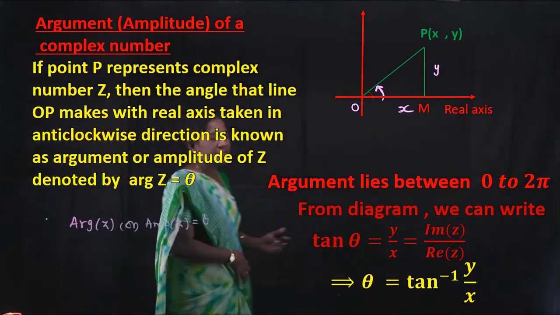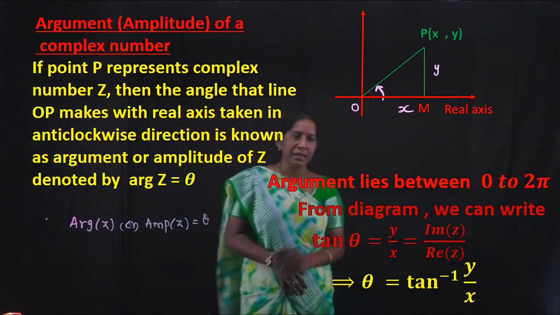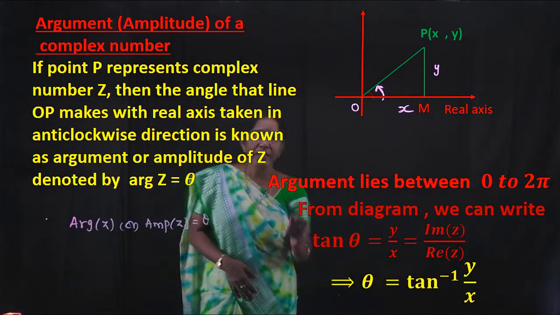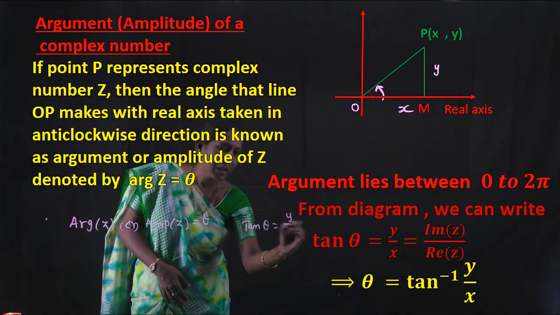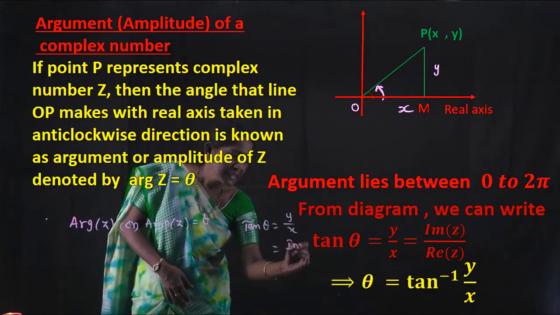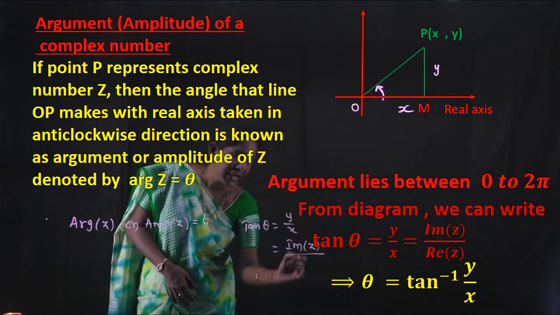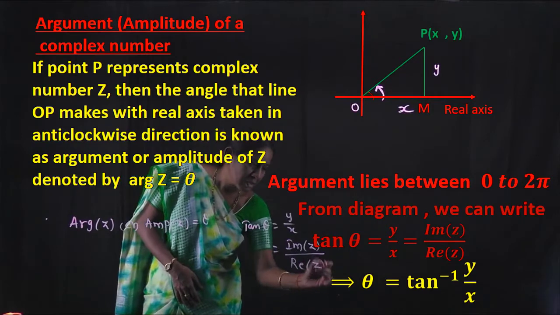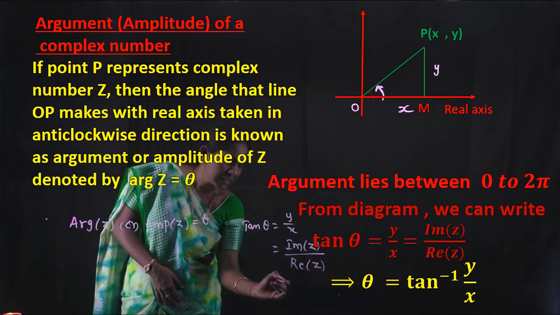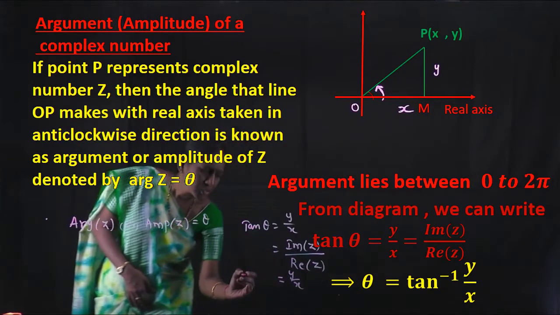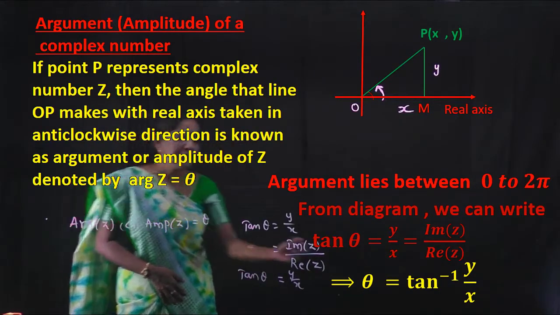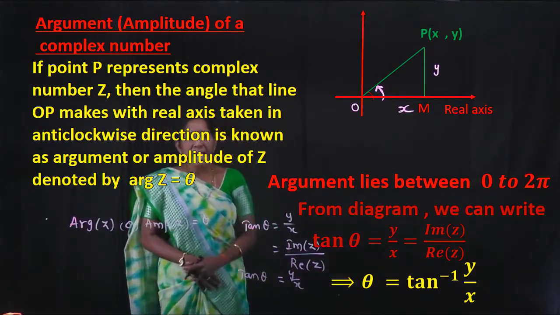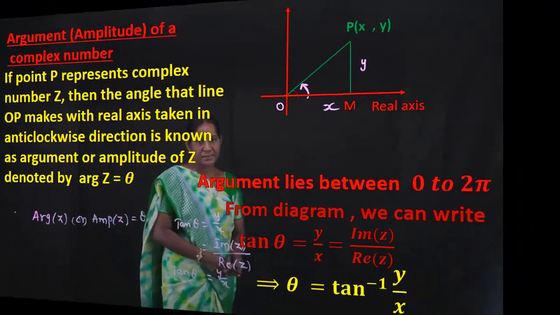Argument lies between 0 to 2 pi. So from the diagram we can write tan theta is equal to y by x, that is imaginary part of z by real part of z. So tan theta is equal to y by x. Then theta is equal to tan inverse y by x.